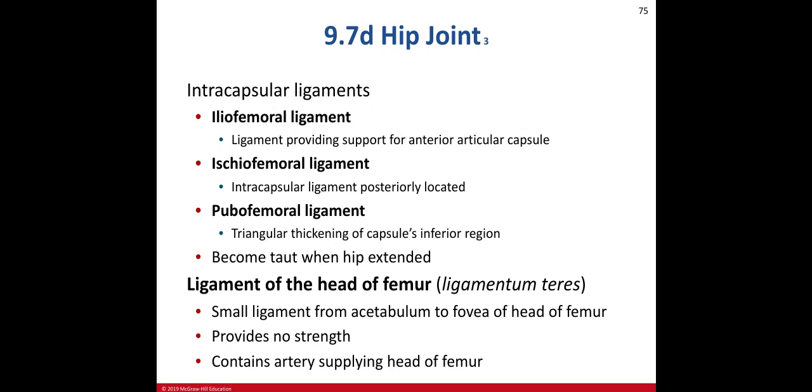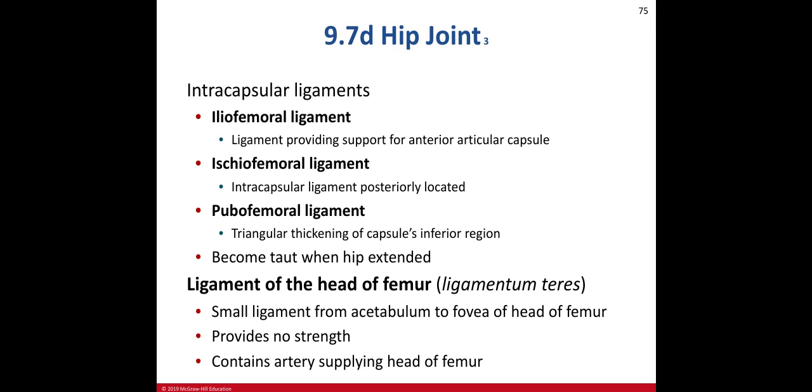You've got these different ligaments: the iliofemoral ligament providing anterior support, the ischiofemoral ligament, which is posteriorly located, and the pubofemoral ligament is really just this sort of triangle shape. And these become taut when the hip is extended.